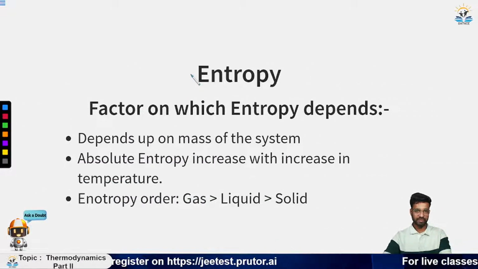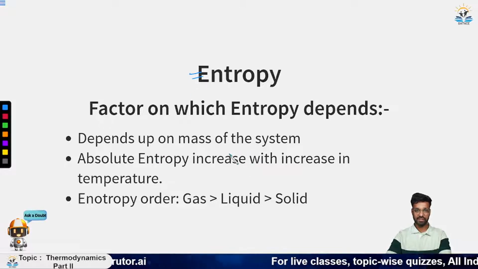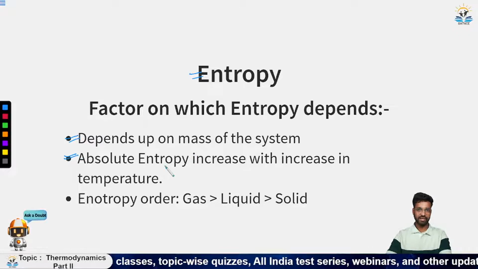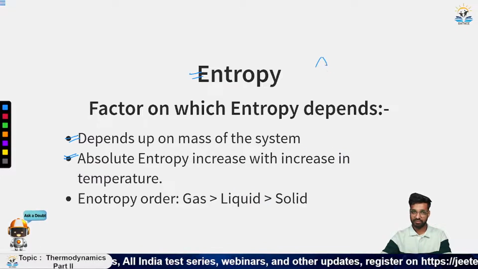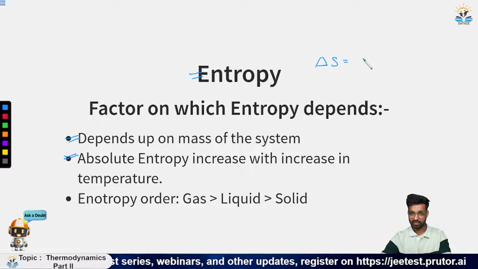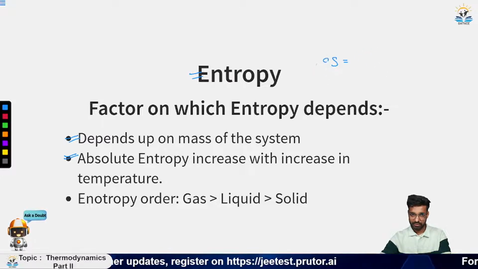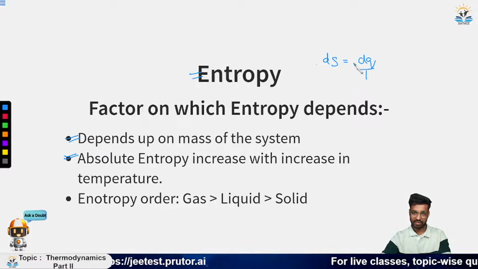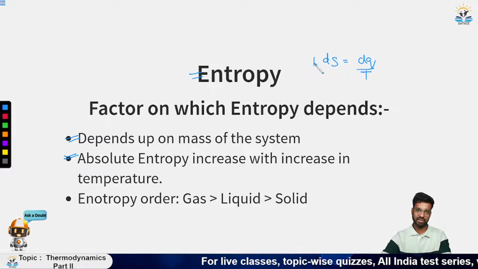Now some of the properties of entropy are that it depends upon the mass of the system. Of course, it is an extensive property. The next most important point is that it increases with the increase in temperature. So do not assume from the formula that since dS is equal to dq by T, it is inversely proportional, so if T increases, S will decrease.